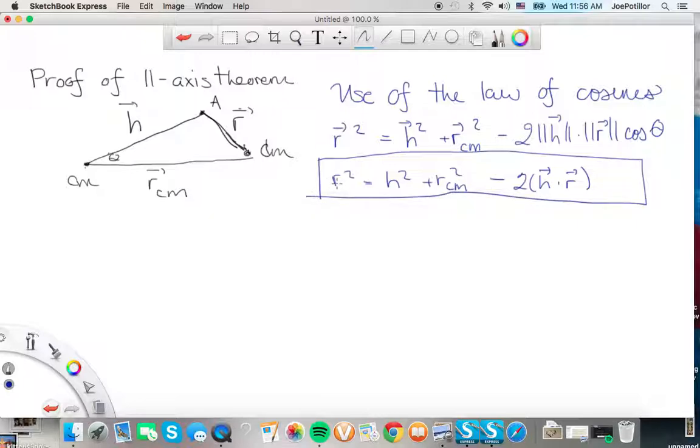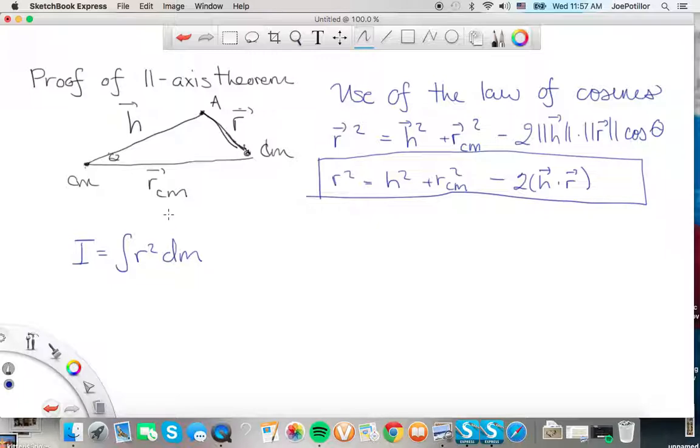This ugliness goes inside of our integral, inside of our sum. So we know that moment of inertia is the integral of r squared dm, or the sum of all the r squareds added together, with respect to its center of mass.